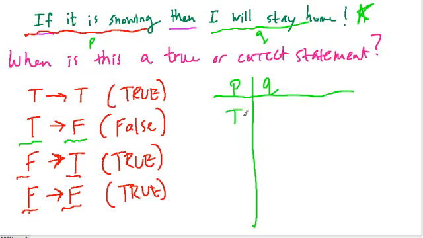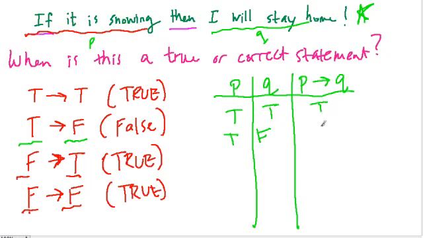In other words, when we start with a true and end with a false. That's the P, then Q, the conditional statement. True and false. So in any other scenario, that original statement still is okay. You didn't break your word. You only did right here.